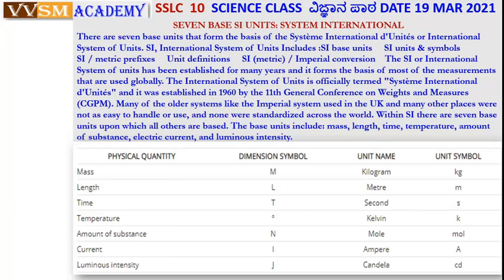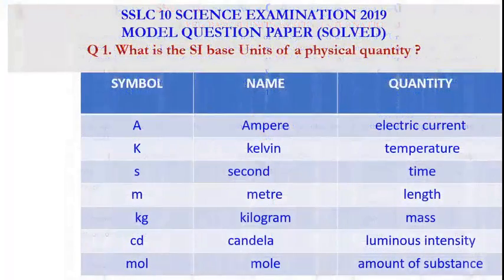Time, t, second, small letter s, and temperature and so on and so forth. Candela, the last one, is luminous intensity. Dimension J, candela, cd. So these are very important.